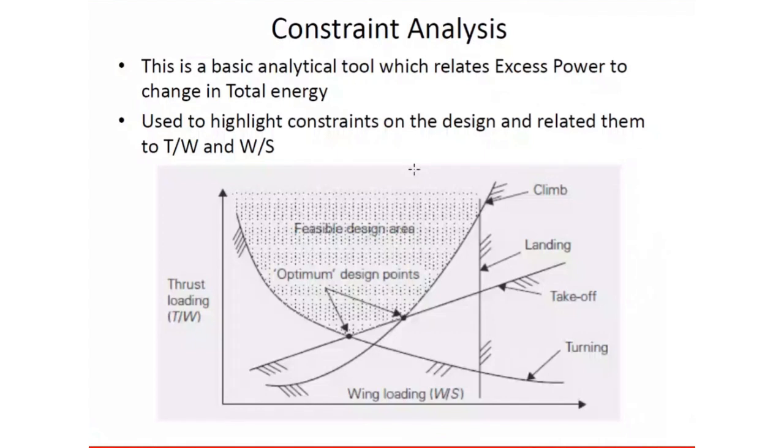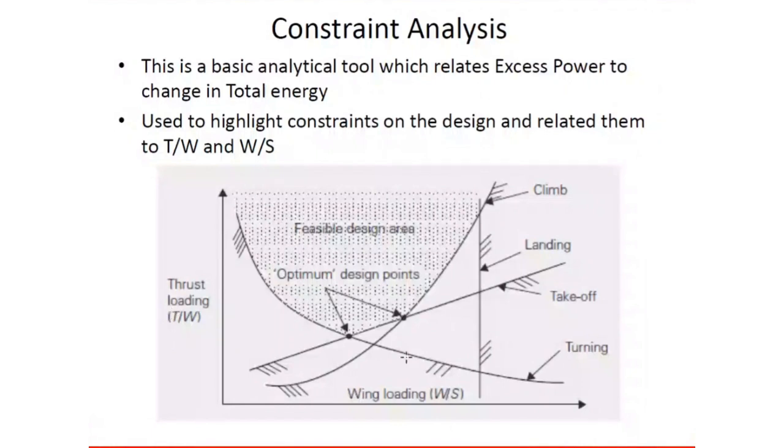What you see in this figure, we'll first talk about this figure and then we'll see how this can be derived. In this case, on the x-axis, you have the wing loading, W/S, in Newton per meter square. And on the y-axis, you have thrust loading, T/W. This is, of course, non-dimensional, Newton by Newton. The very first thing you notice is the vertical line here.